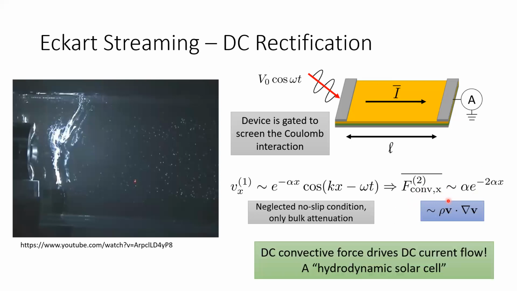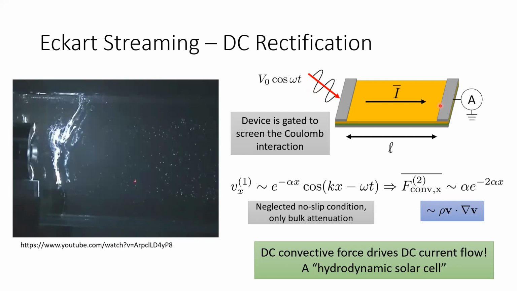So what this tells us at the end of the day is that this jet of fluid is arising due to the fact that I'm generating a DC convective force and driving this DC current flow. This is kind of similar to, say, a solar cell. If you imagine this oscillating voltage coming from some electromagnetic radiation, which is generating for you some kind of DC photocurrent.